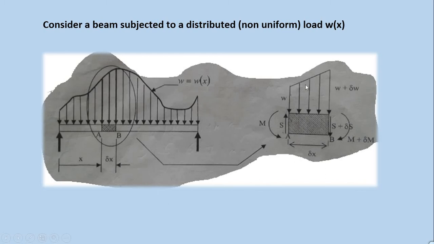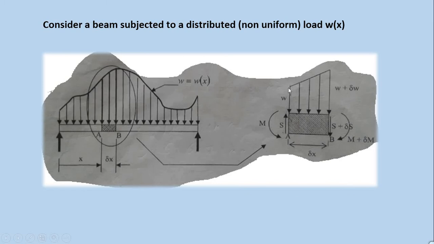That means this rectangular and this triangular load. Then in the rectangular section, the intensity is W, it is constant, from here to here over delta X.